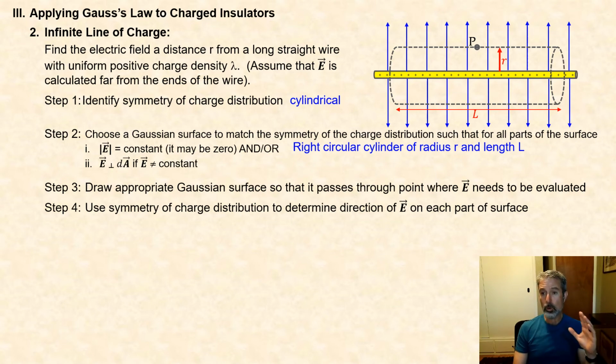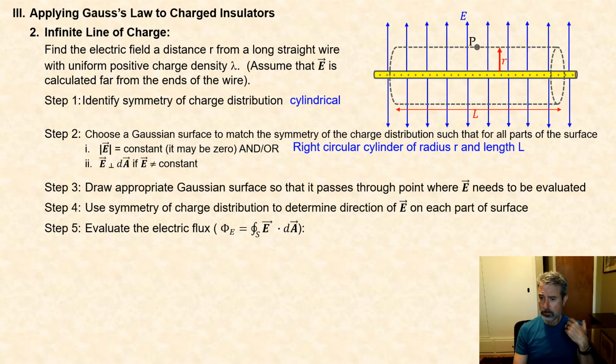The only field dependence will be in the radial direction, as you get further away from the cylinder. So I'm showing you what that electric field looks like. These are some of the electric field lines, and we're now in a position to evaluate the flux.